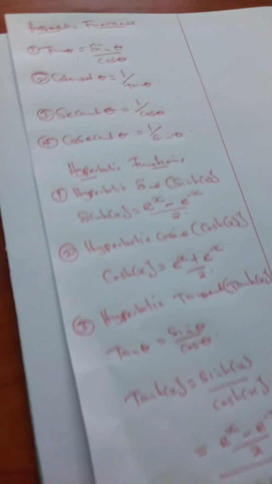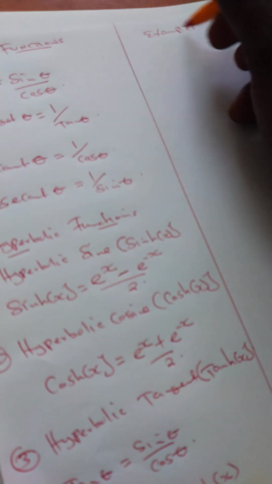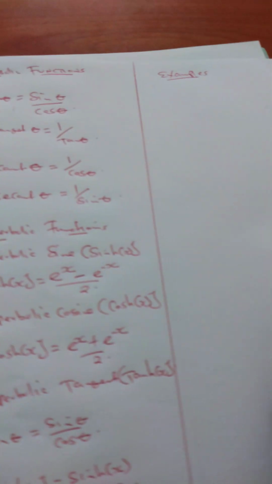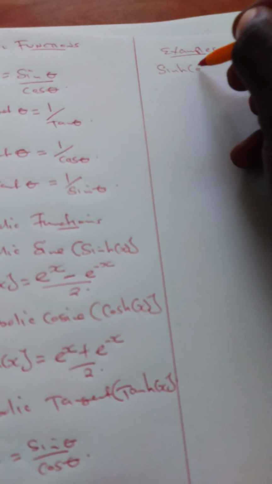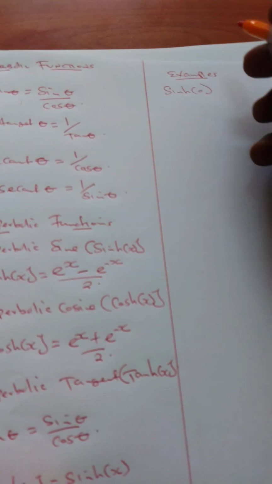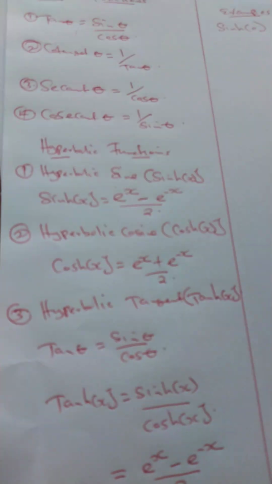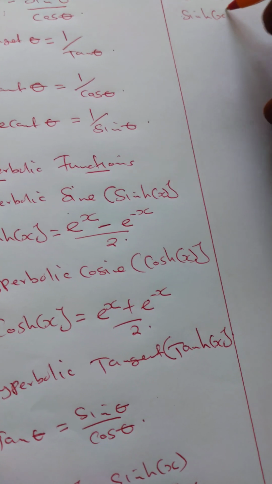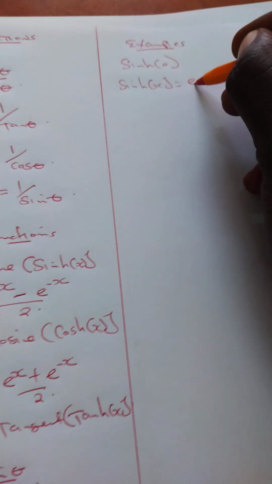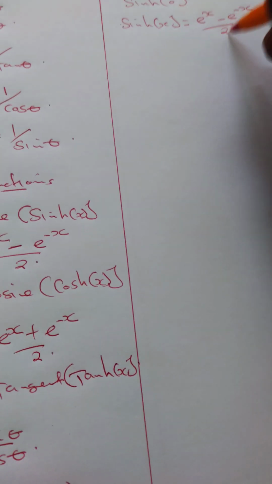Let's look at some examples. For example, if you are told to find the hyperbolic sine of 0, the first thing you should remember is the formula of the hyperbolic sine: exponential of x minus exponential of negative x all over 2.